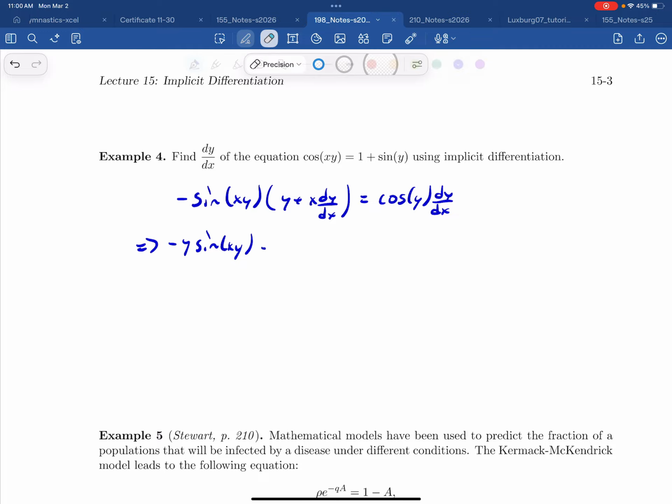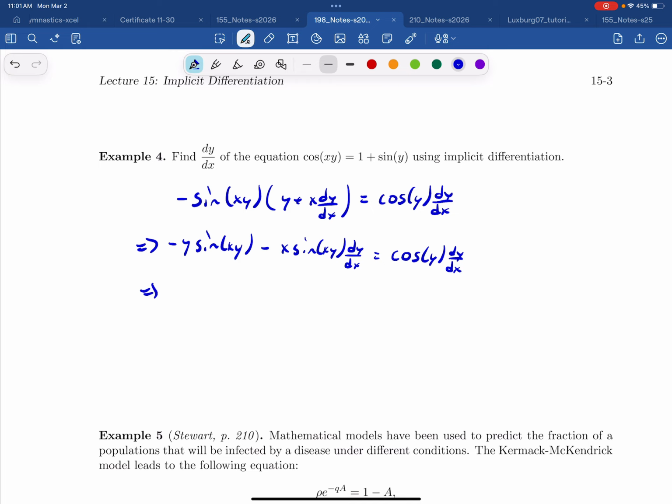Well, I guess that's also a negative x sine of xy dy over dx equals cosine of y dy over dx. You could add the x sine of xy dy over dx over the other side. Totally fine. In fact, let's do that.